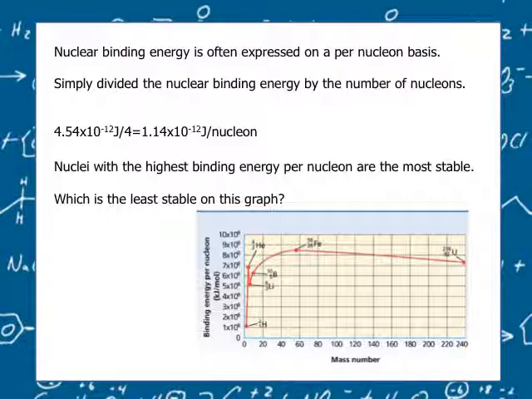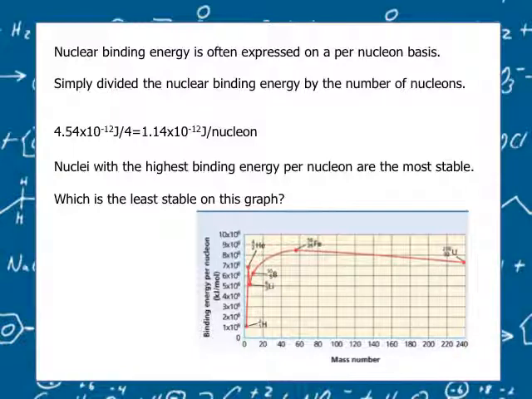Larger atoms, simply because they are larger, are going to have more nuclear binding energy holding them together. So to make an apples-to-apples comparison between atoms of different sizes, we need to divide by their size, their number of nucleons. You remember that from the first part of this series. It's simply the number of protons and neutrons, i.e. the mass number. So we're going to divide by the mass number so we can make a direct comparison.